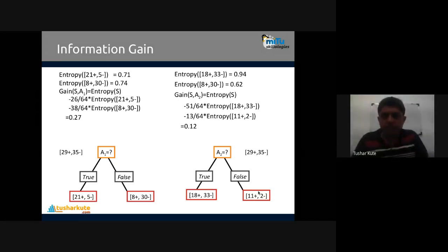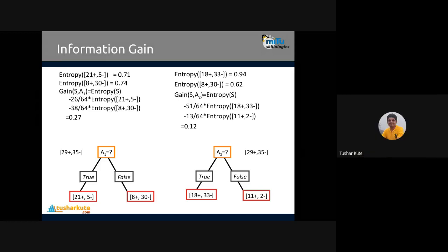Then gain for A2 is entropy of S minus 18 plus 33, 51, divided by, meaning the proportion from 64 total elements, into the entropy of them. The entropy of them is 0.94, which we calculated, minus 13 on this side, 11 plus 2, the proportion from 64 into the entropy of 11 and 2, which is 0.62. So if you combine all together, we get 0.12 information gain from the second feature A2.